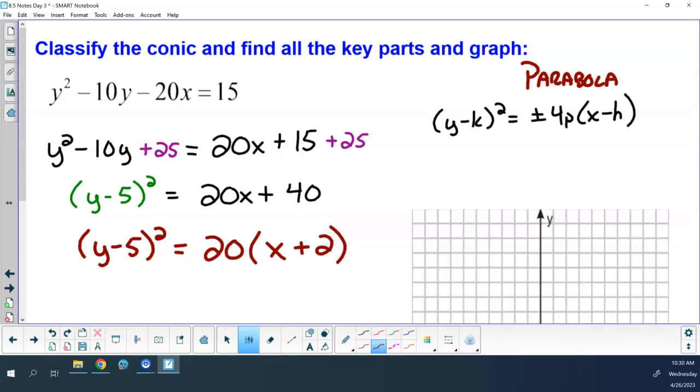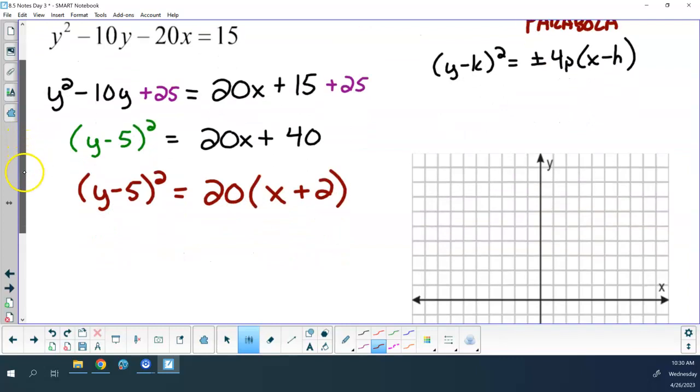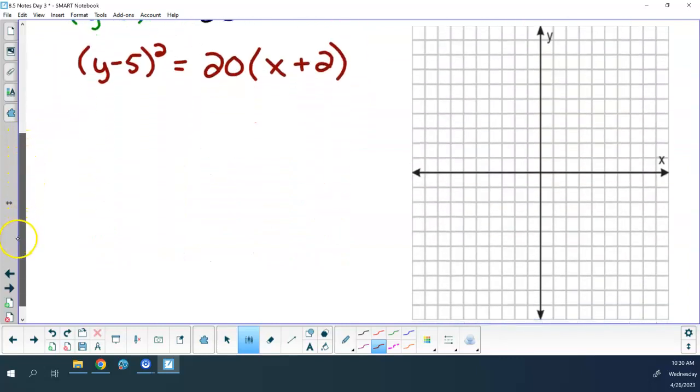What can you now tell me about that parabola? P is 5. Okay. What else? The vertex is where?